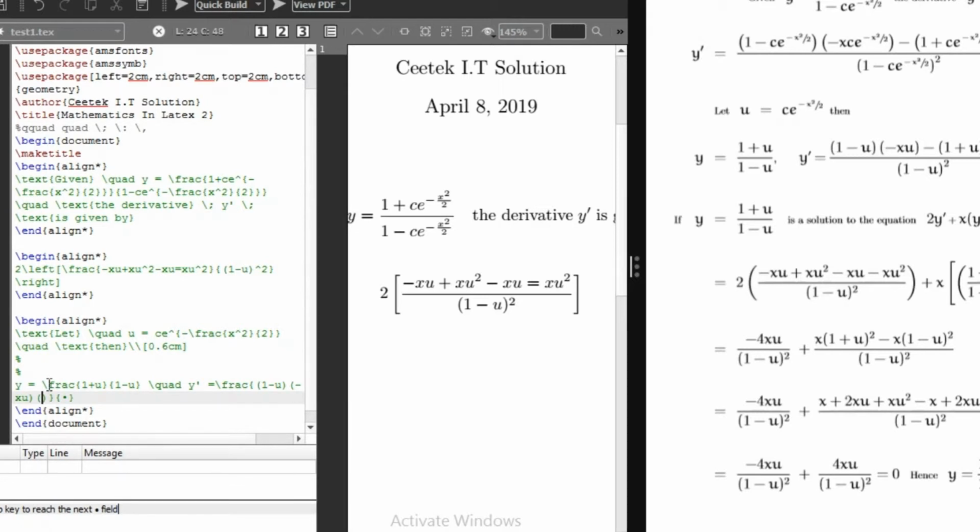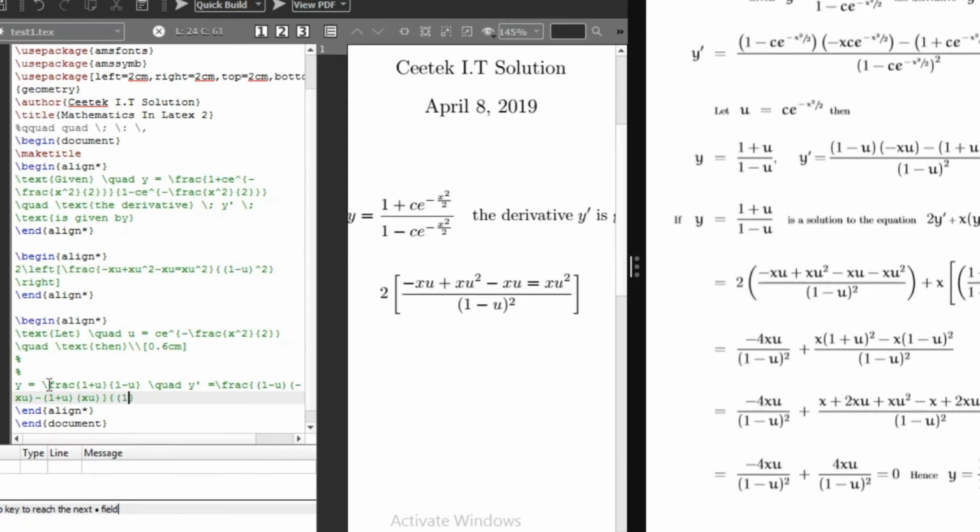Okay, so before the bracket we have minus, and then in the bracket we have 1 plus u, right, and then another bracket xu, so xu, right? So that's our numerator.